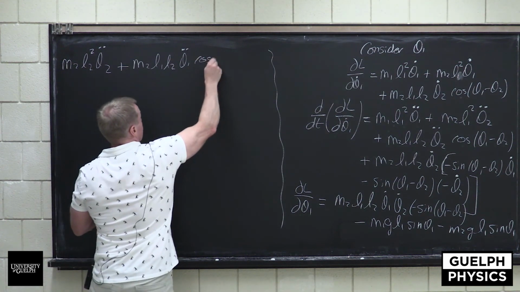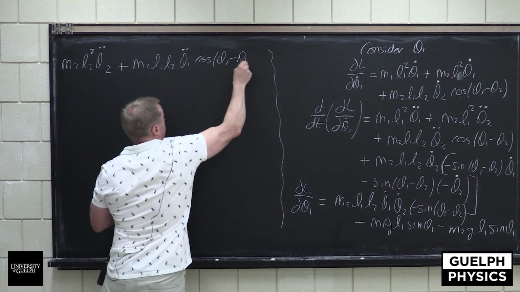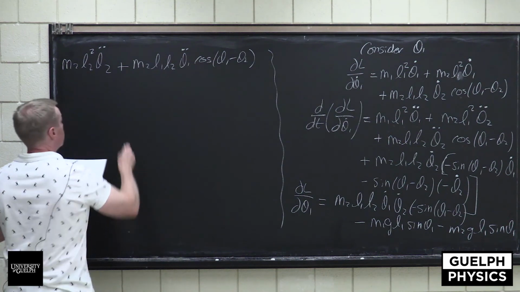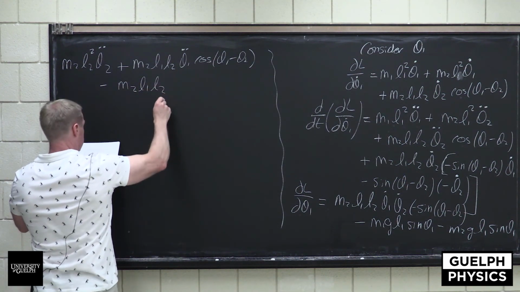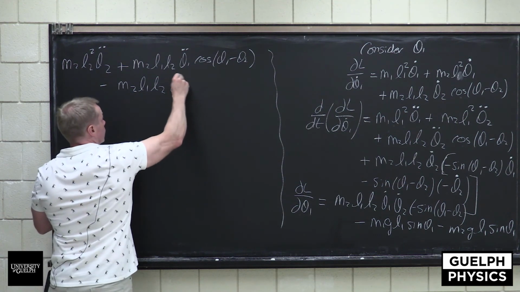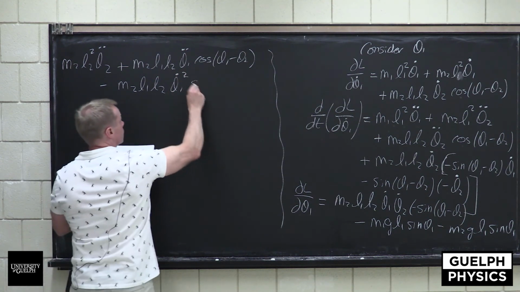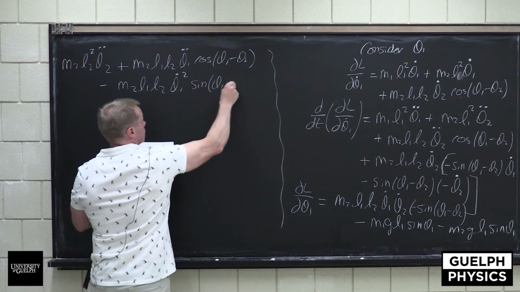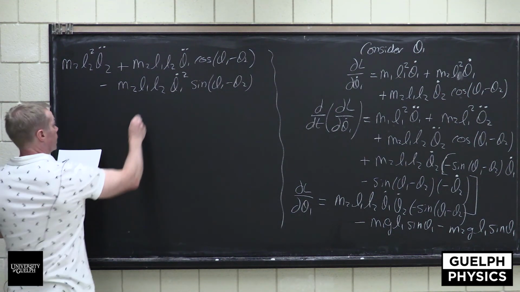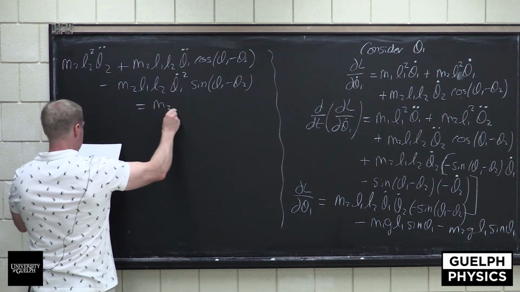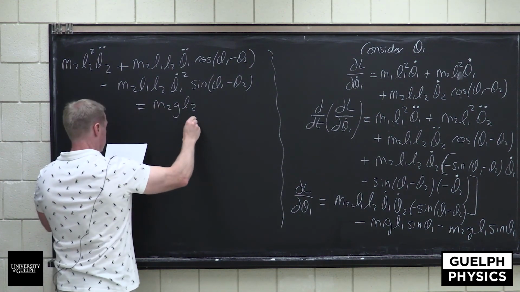Then there would be a cosine theta 1 minus theta 2 minus an m2 L1 L2 theta 1 dot squared sine theta 1 minus theta 2, and that would have to equal m2 g L2 sine theta 2.